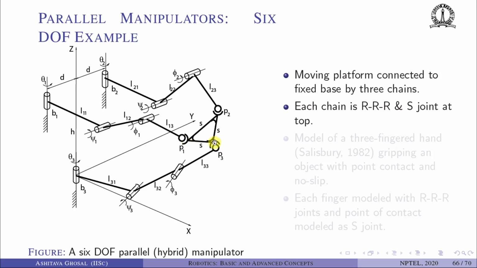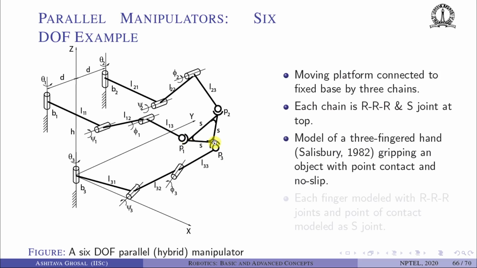It has 3 chains, and it is also a model of a 3-fingered hand, which was proposed by Salisbury in 1982. If you have these 3 fingers, and each finger is modeled as 3 rotary joints, the first rotary joint is what is happening at the one point. Then you have these 2 joints which are parallel to each other. Let's say this is the index finger, this is the middle finger, and this is the thumb.